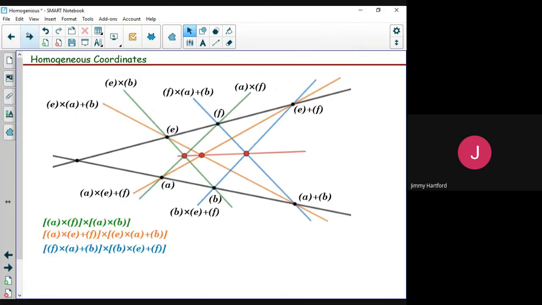Then to confirm that those 3 points are indeed collinear, we want to expand them. We'd have the 3 values for this point, the 3 values for this point, and the 3 values for this point, put them in a matrix as we did before, find the determinant, and verify that it's 0.